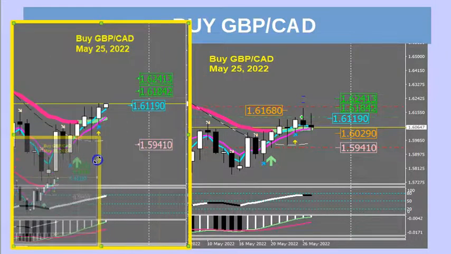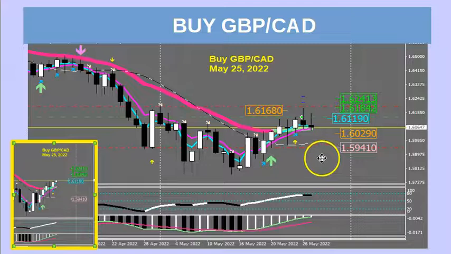Okay, and there we go. So here you can see that we got in right there. This was the signal candle, so we got in right there.